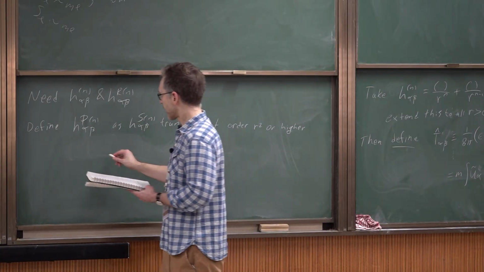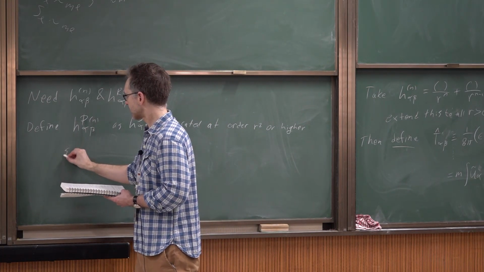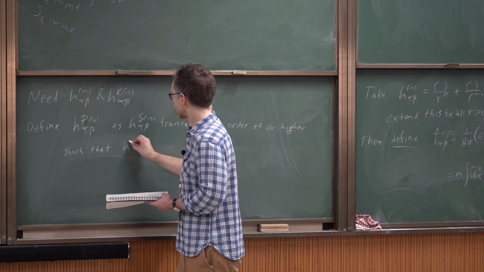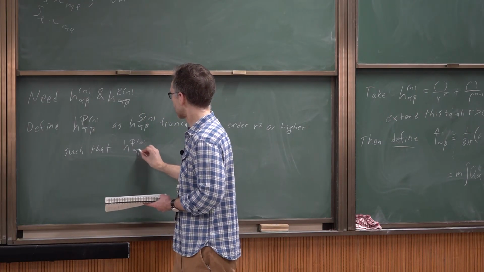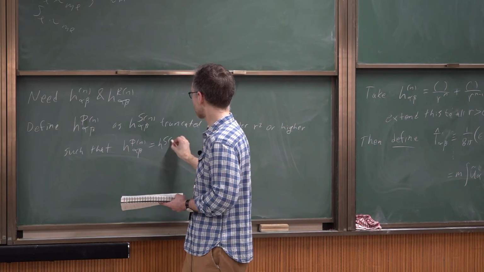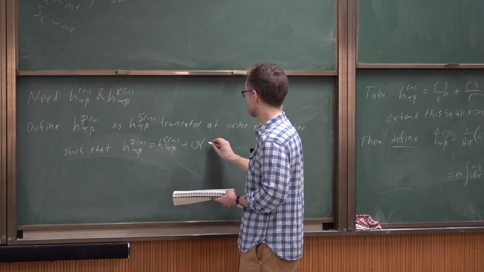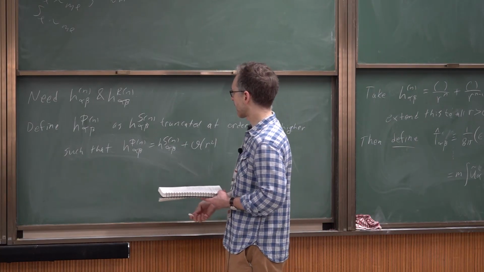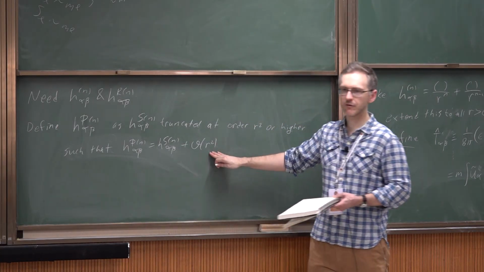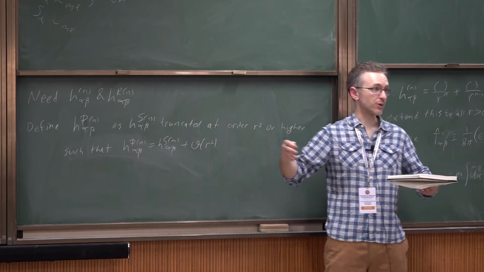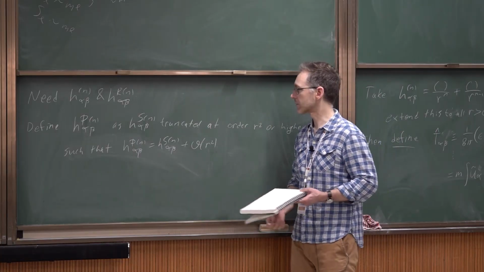Then this guarantees that HP n alpha beta is equal to the singular field plus something of order R squared. And here R is still distance from the world line. Soon R will become distance from the big black hole, with two totally different coordinates.